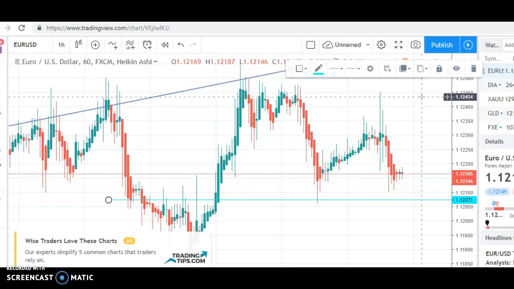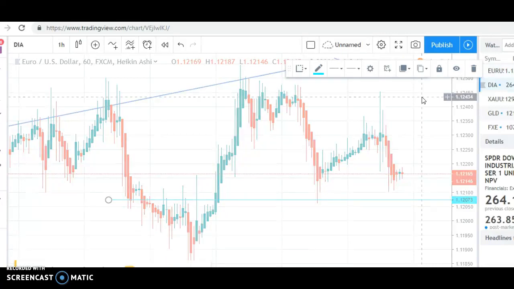Gold is one of the most volatile currencies, so I decided to stick with gold for the past couple of years. It's been phenomenal. We've had over 90% profits in gold for the past couple of weeks. So we're going to continue doing it this week.